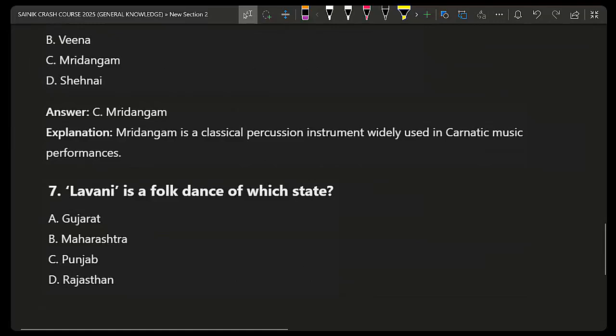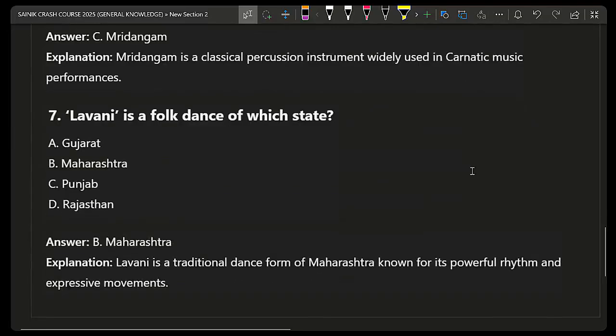Time up. Six students gave the correct answer. It is Maharashtra. Lavani is a traditional dance form of Maharashtra known for its powerful rhythm and expressive movements.